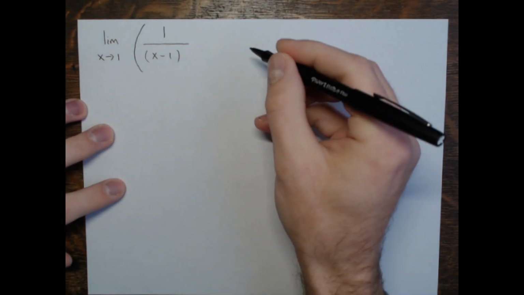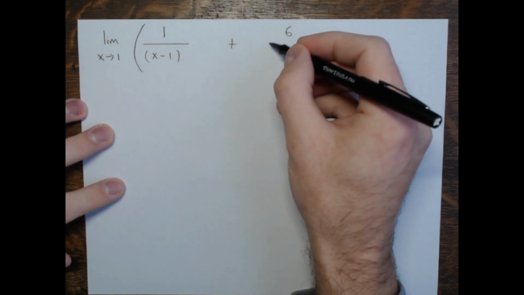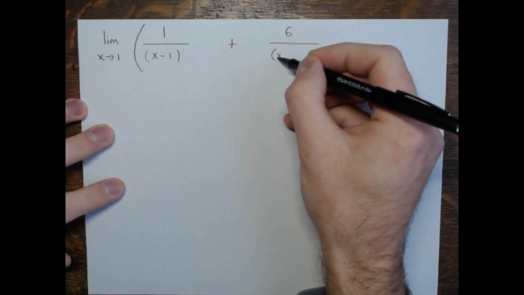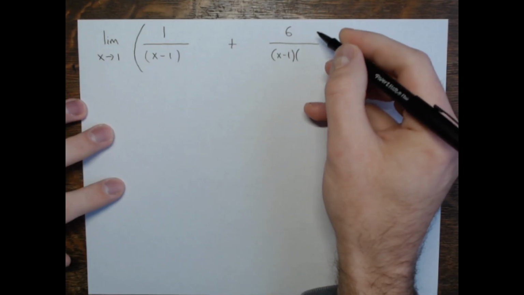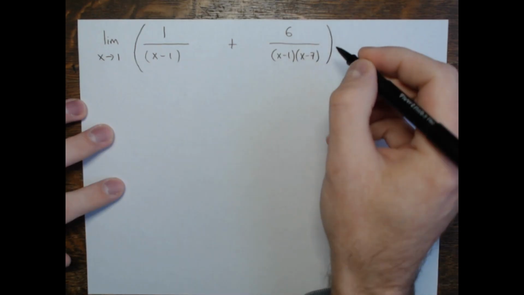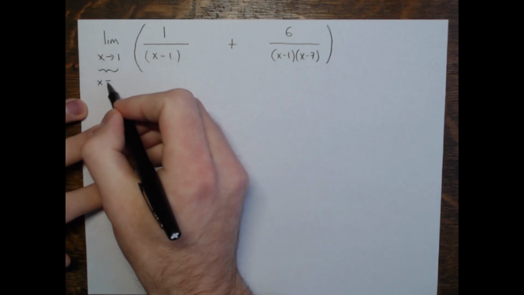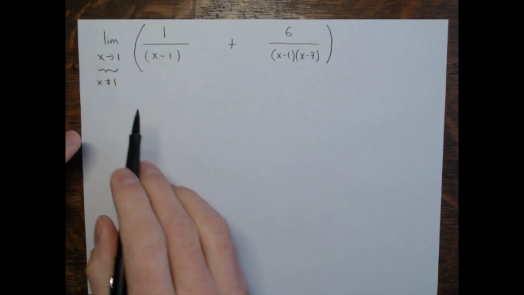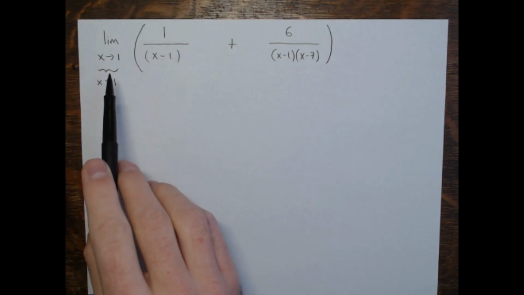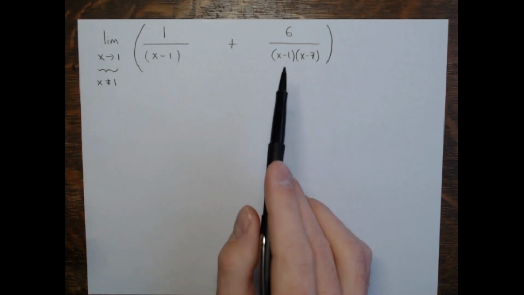Then plus 6 over x minus 1 times x minus 7. So again, this means that x is approaching 1 from both sides. x is not 1. So again, I can't just plug in 1 here. That wouldn't work. You'd have divided by 0, divided by 0.